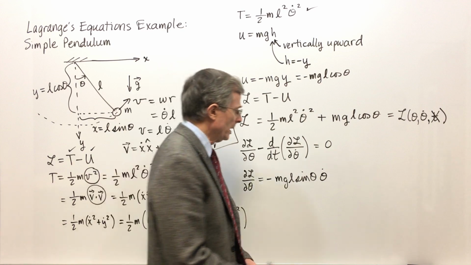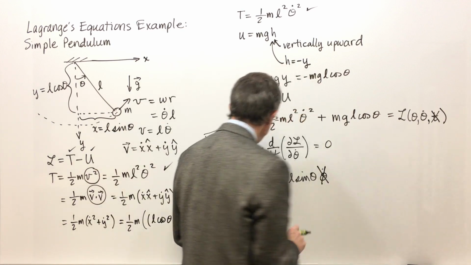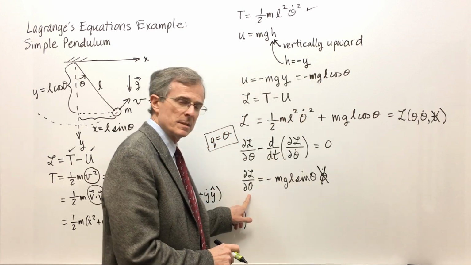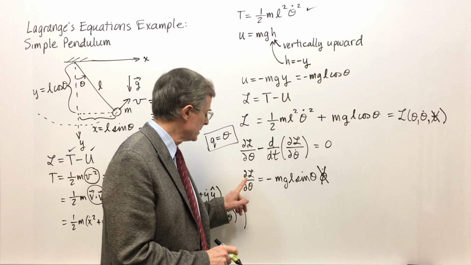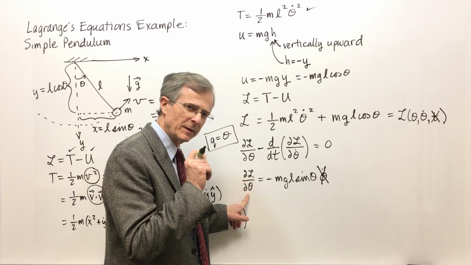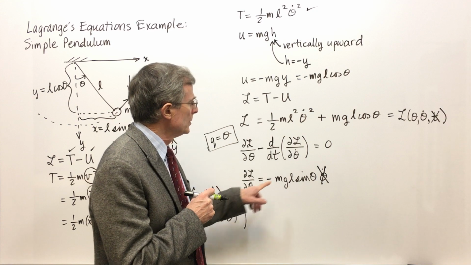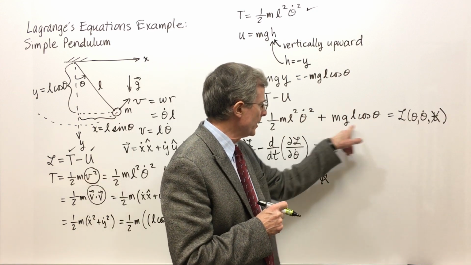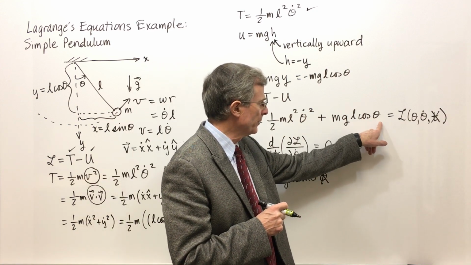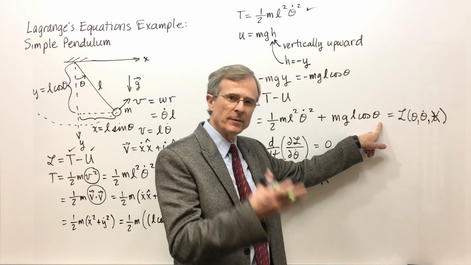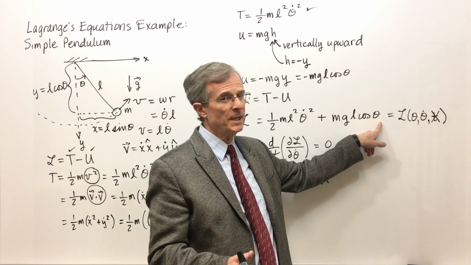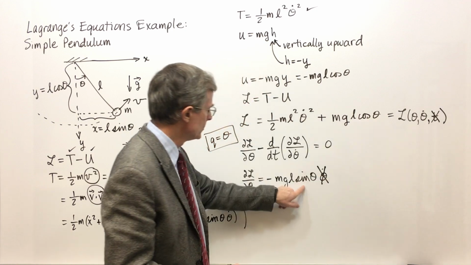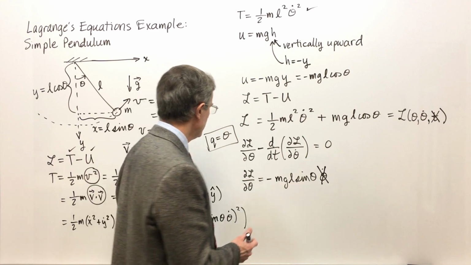But you don't need it, and in fact, it's wrong. Remember that this is not a time derivative. This is a derivative of L with respect to theta. So we're just thinking of this as a function of theta. I'm going to take a derivative of cosine theta with respect to theta. That's minus sine theta. You don't have to take the derivative of the inside. So you're done. That's dL/d theta.